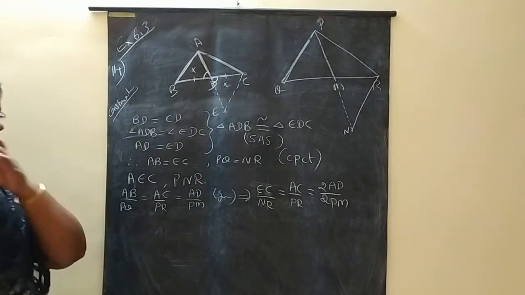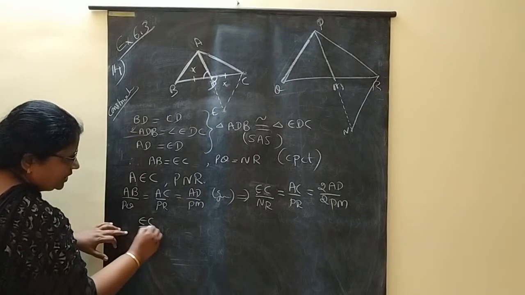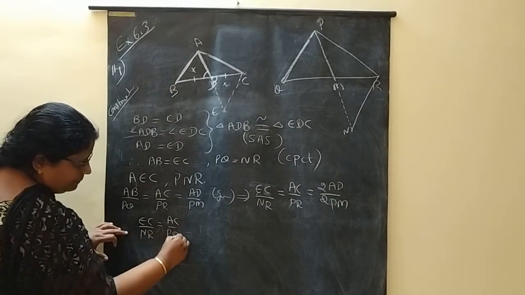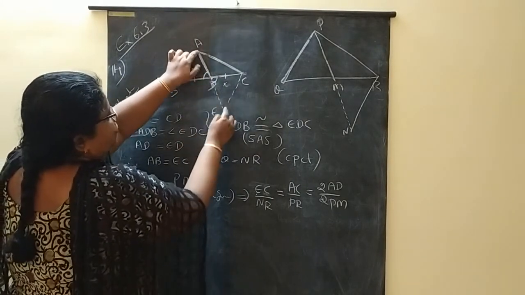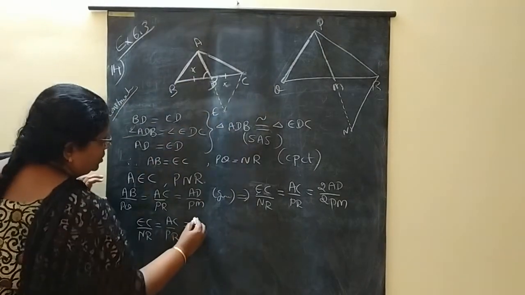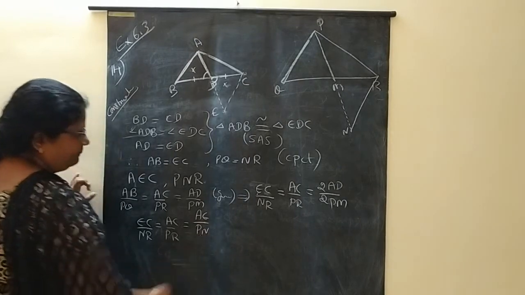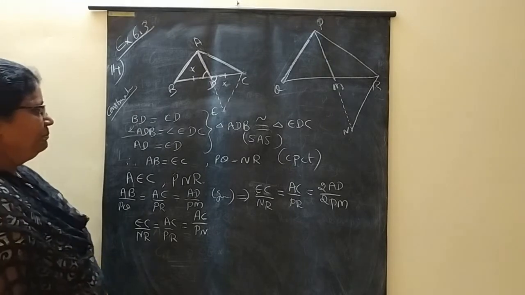Simply I multiplied with 2. So from there we will get EC by NR is equal to AC by PR is equal to, what is 2AD? This length, because these two are equal. So we can write AE divided by PM.